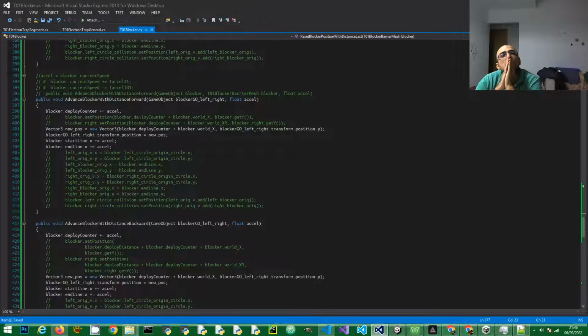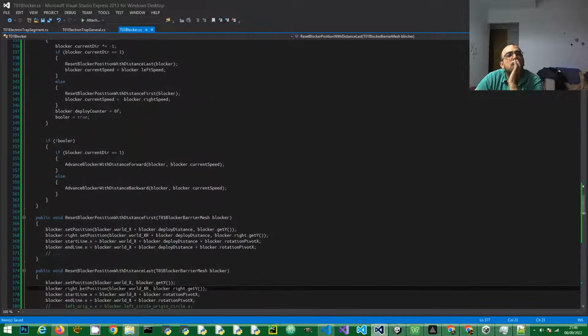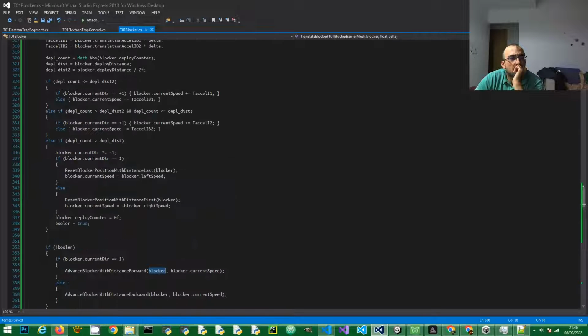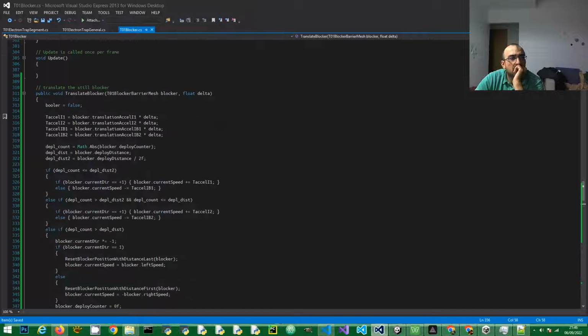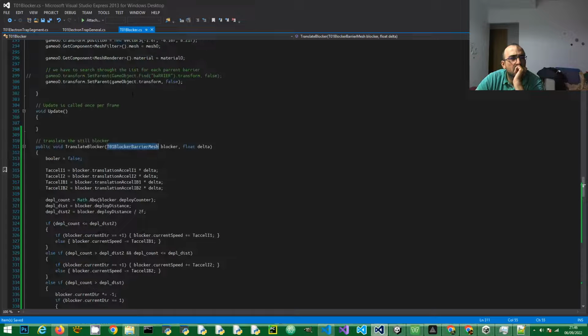Boom. Advanced distance the blocker. What do we have here? Blocker. What is this blocker? This blocker is practically blocker player mesh.